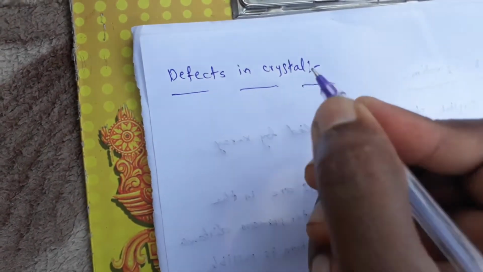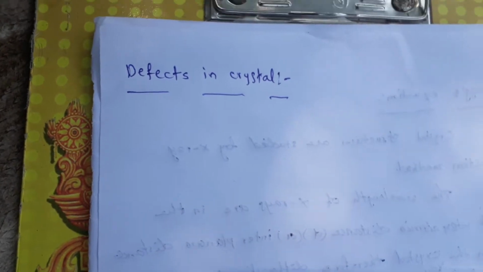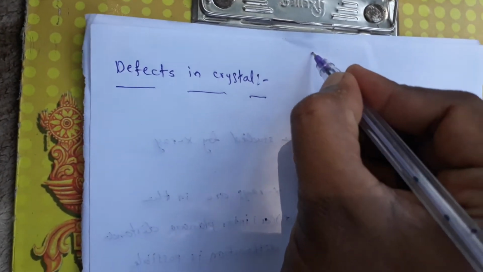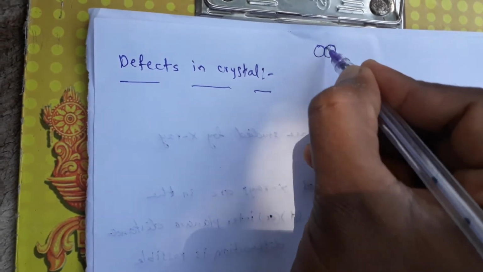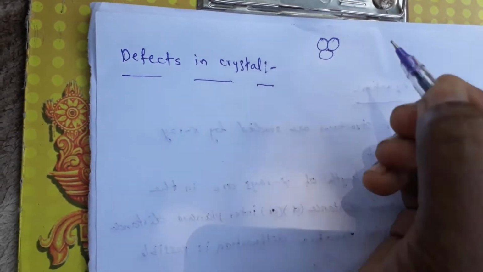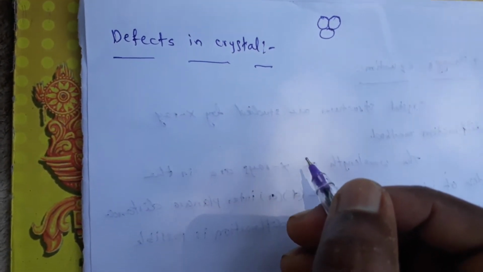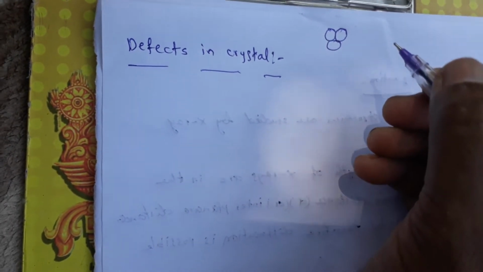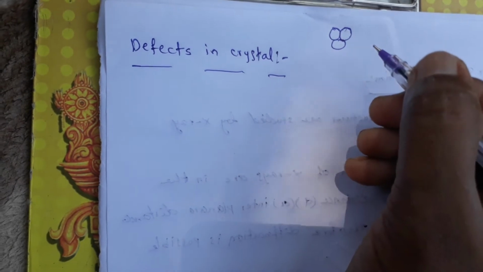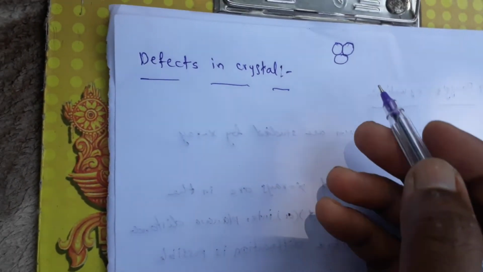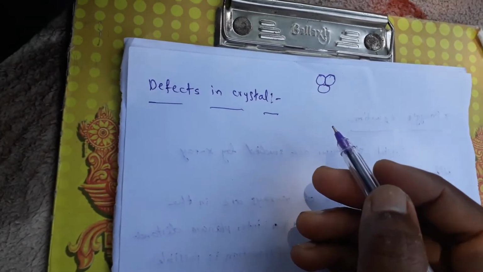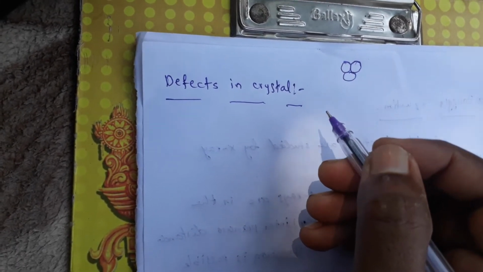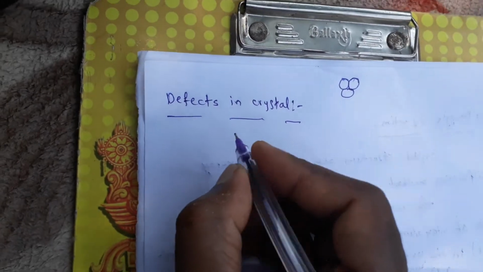Previously we saw that atoms or molecules or ions are spherical in shape. That is why, if you see the spheres, there are some voids present, which we call tetrahedral voids and octahedral voids. So due to these voids and the missing of these elements or ions or molecules or atoms, defects are formed.